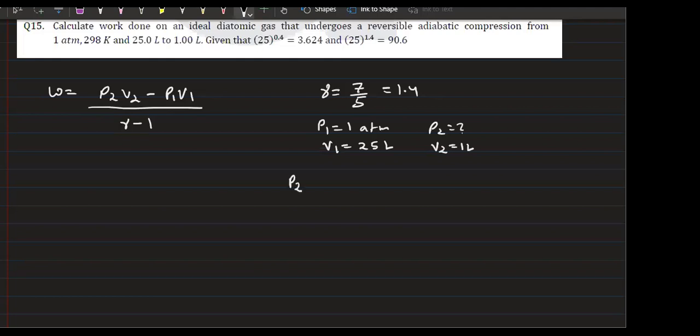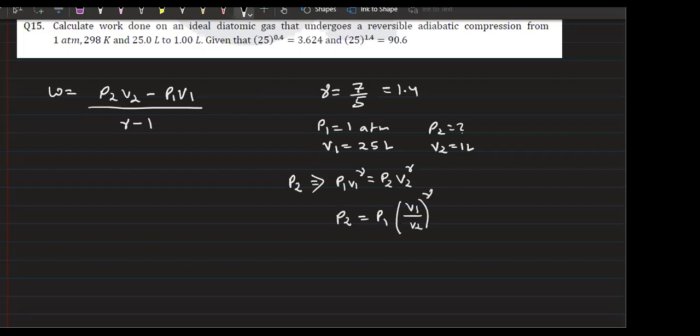Because we know that P1 V1 to the power gamma should be equal to P2 V2 to the power gamma. Yes or no? And this is already given. So I can say that P2 should be equal to P1 times (V1 by V2) to the power gamma.